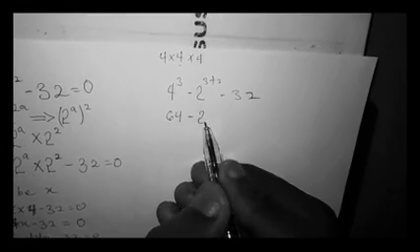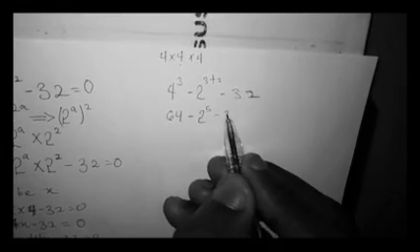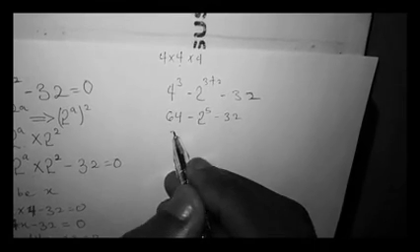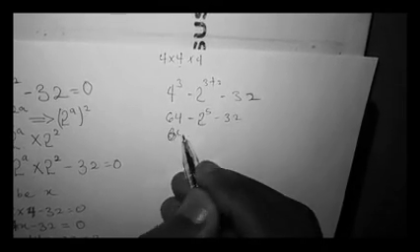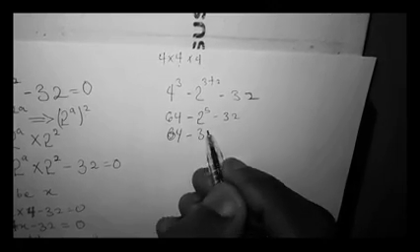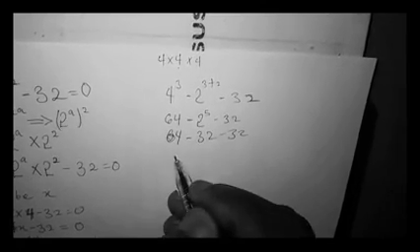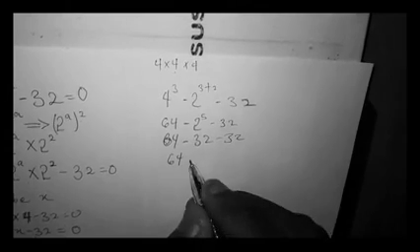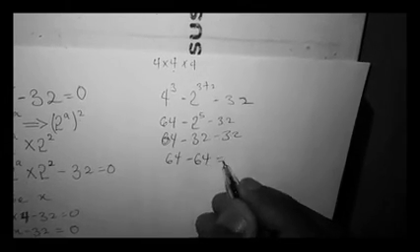Minus 2 raised to power 5, which is 32, minus 32. So that will be 64 minus 64, and that will give you 0.